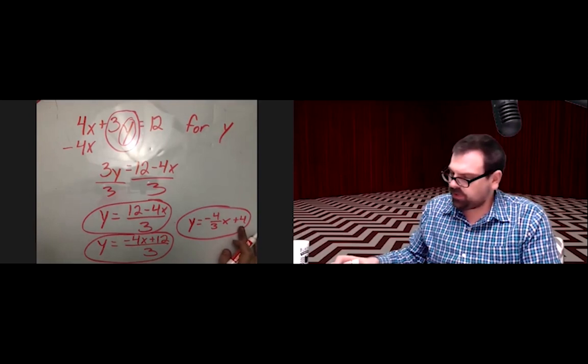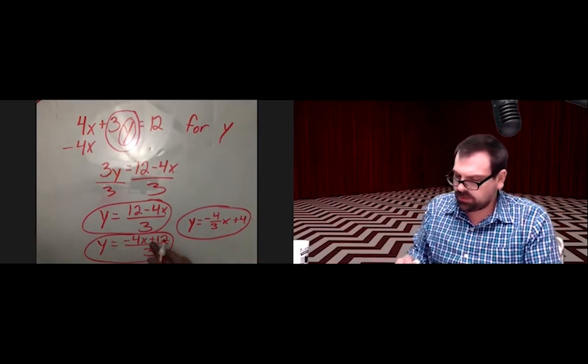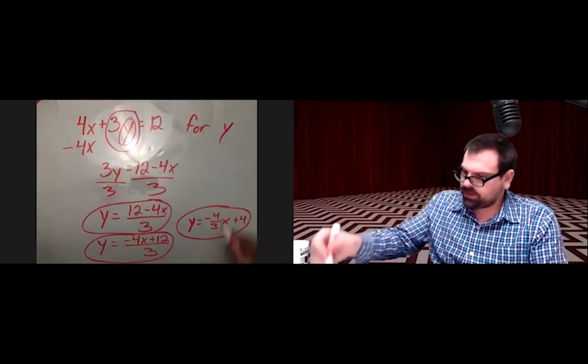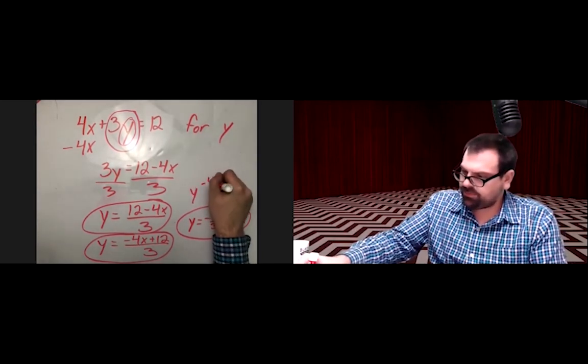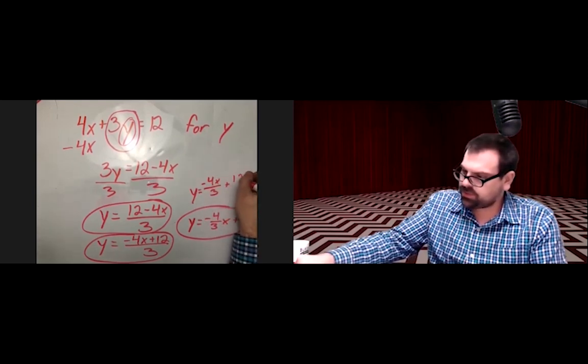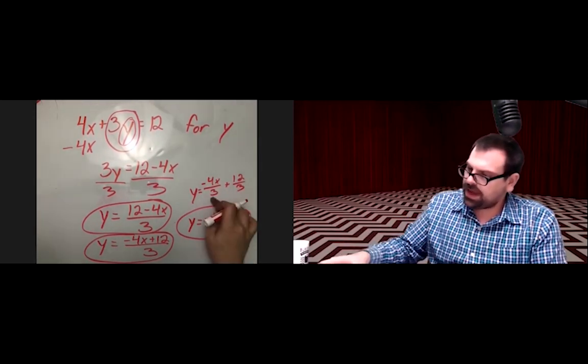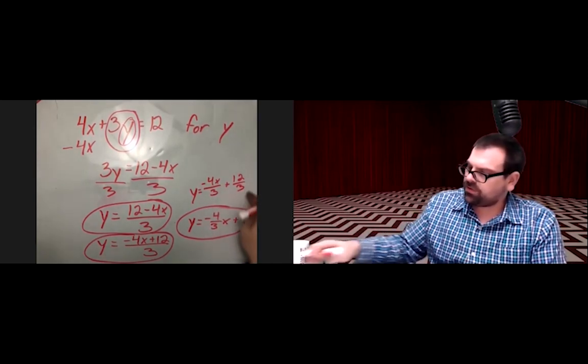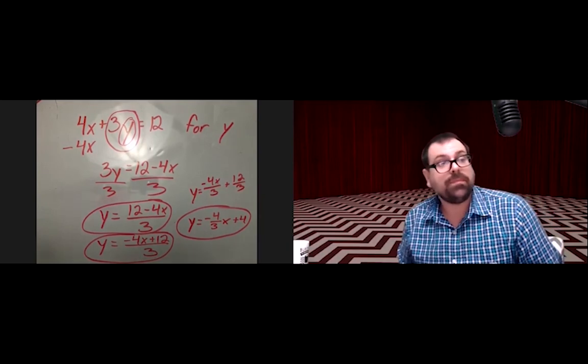Where'd that 4 come from? Where'd the 3 go? Well, plus 12 divided by 3, because remember we split it. This would be negative 4x over 3 plus 12 over 3. That one doesn't reduce, but we can knock the x off. 12 over 3 does become positive 4.